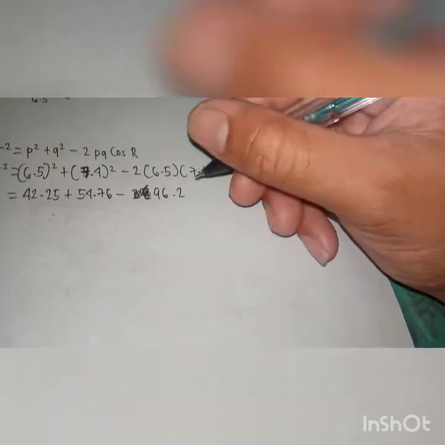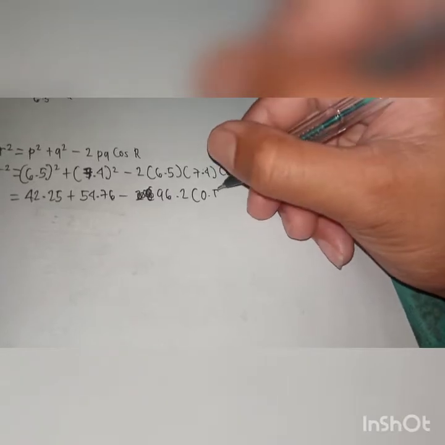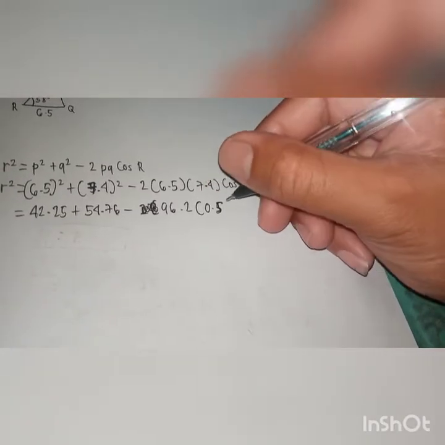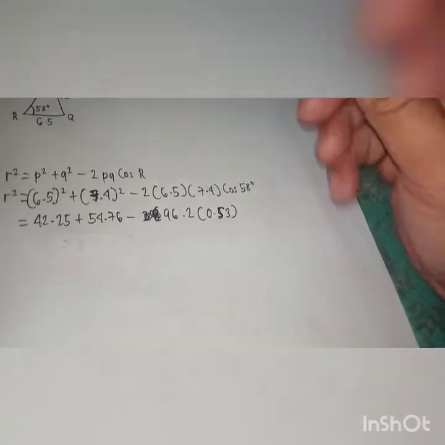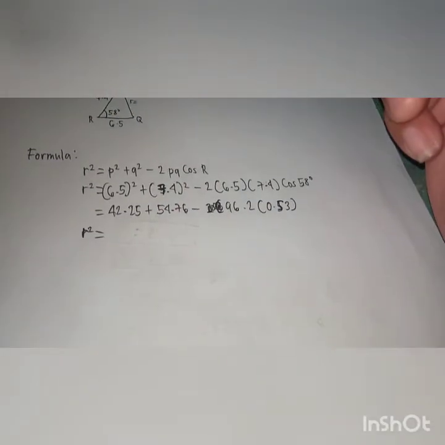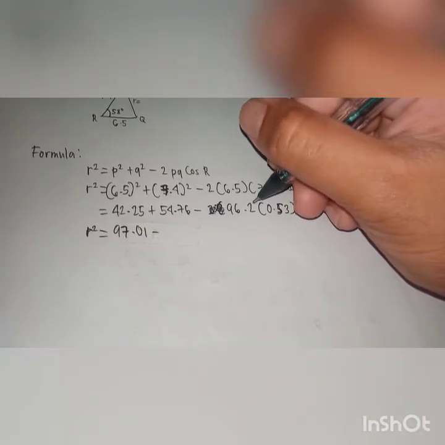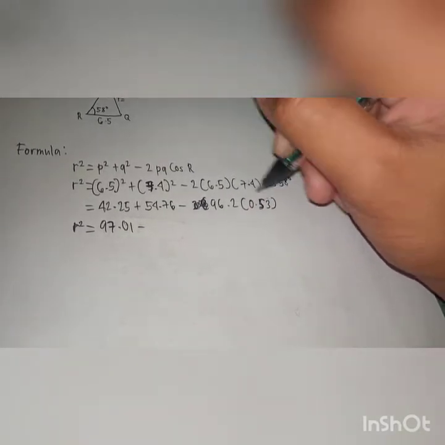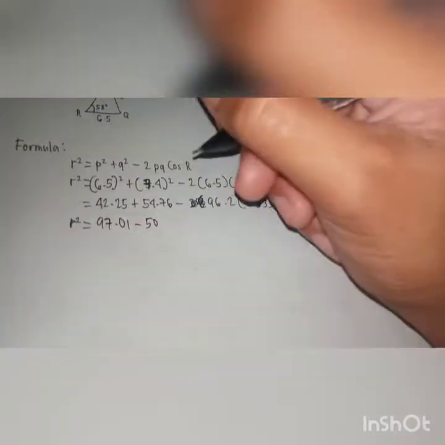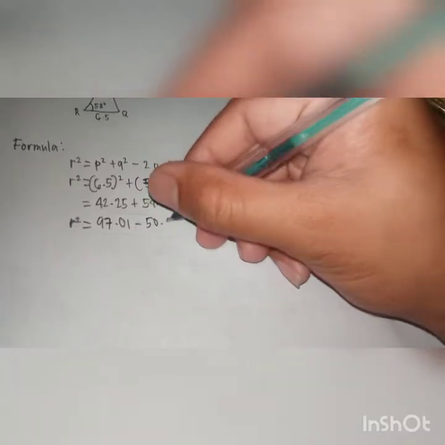Then the cos of 58, which is 0.53. So for r squared, 42.25 plus 54.76 is 97.01, minus 96.2 times 0.53, which is 50.99.